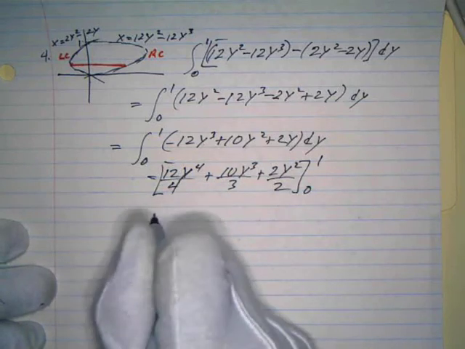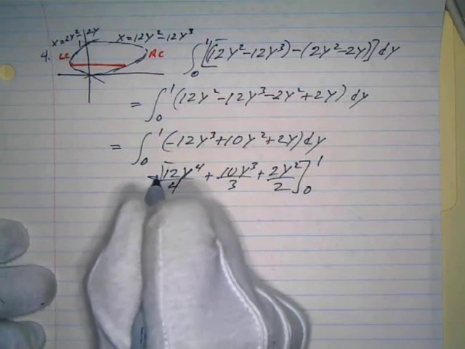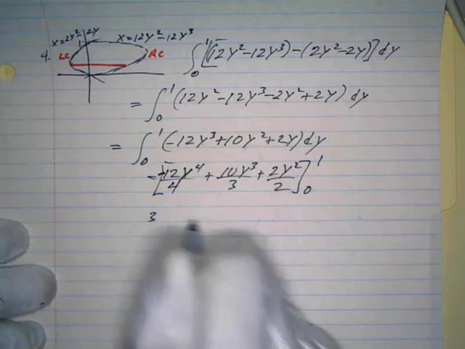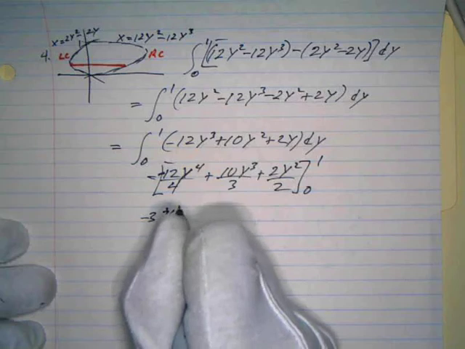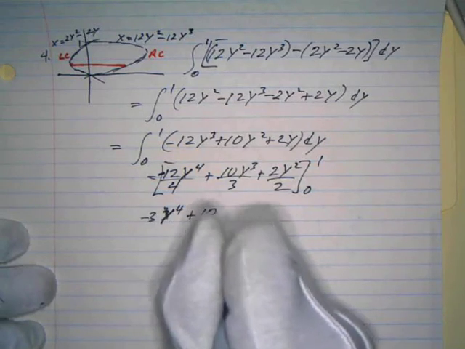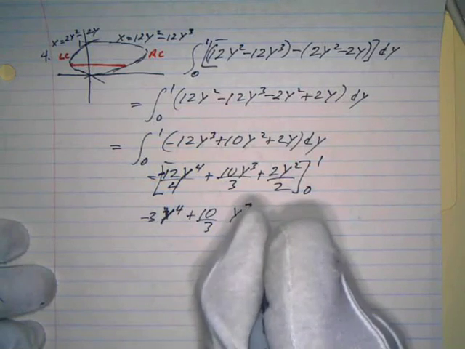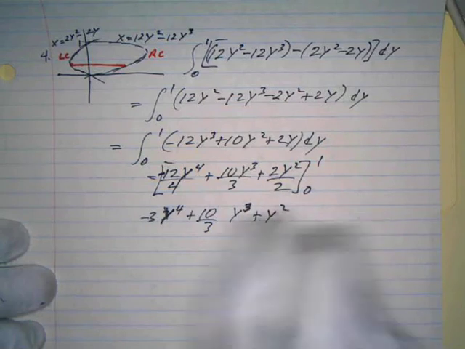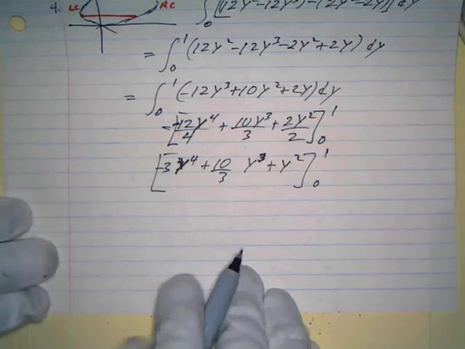Oh, I forgot my negative over here, pardon me. There was a negative there, so that's going to be negative 3y to the 4th, plus 10 thirds y to the 3rd. And the 2's cancel, so plus y squared. That's going to be evaluated from 0 to 1.